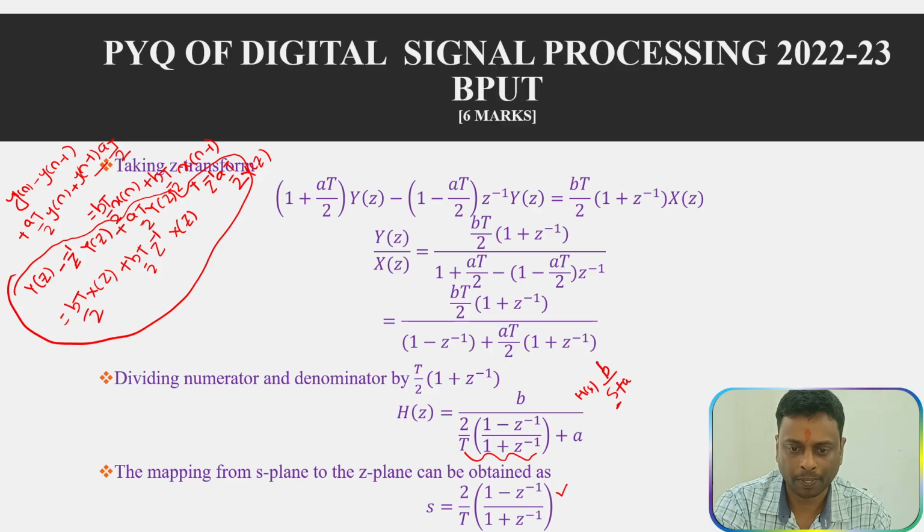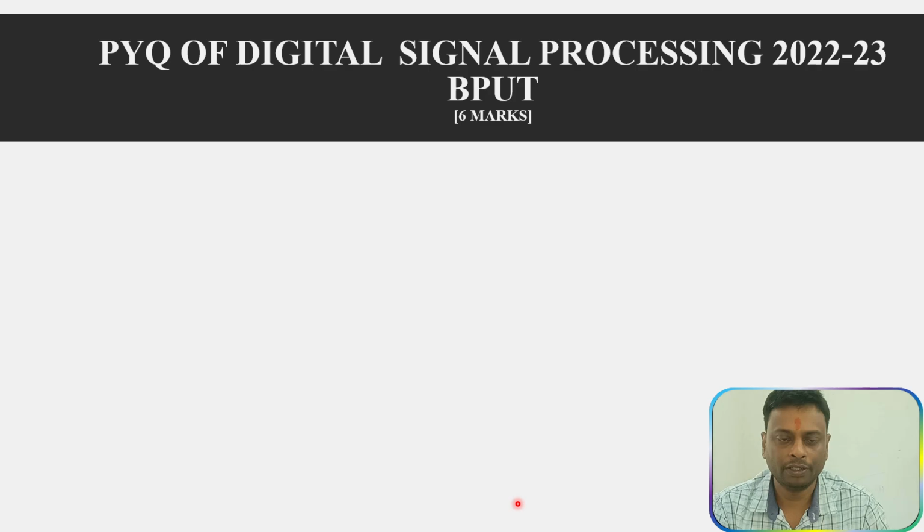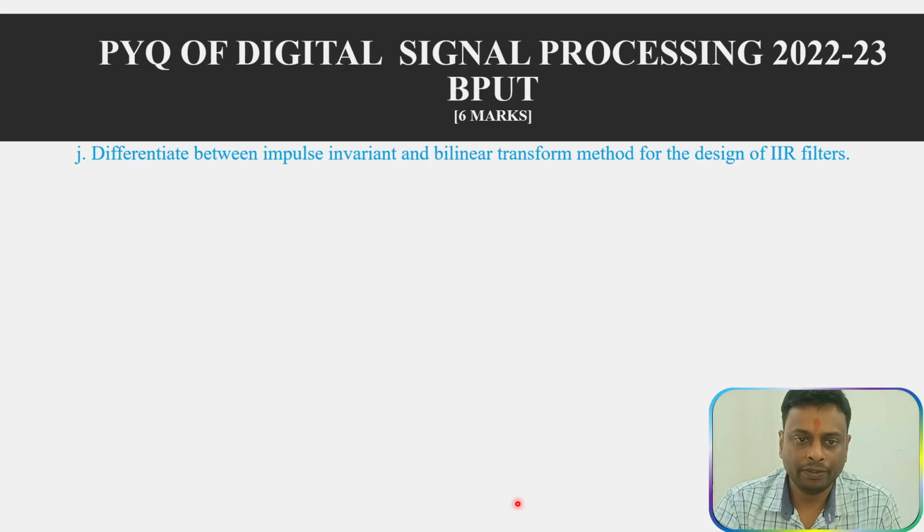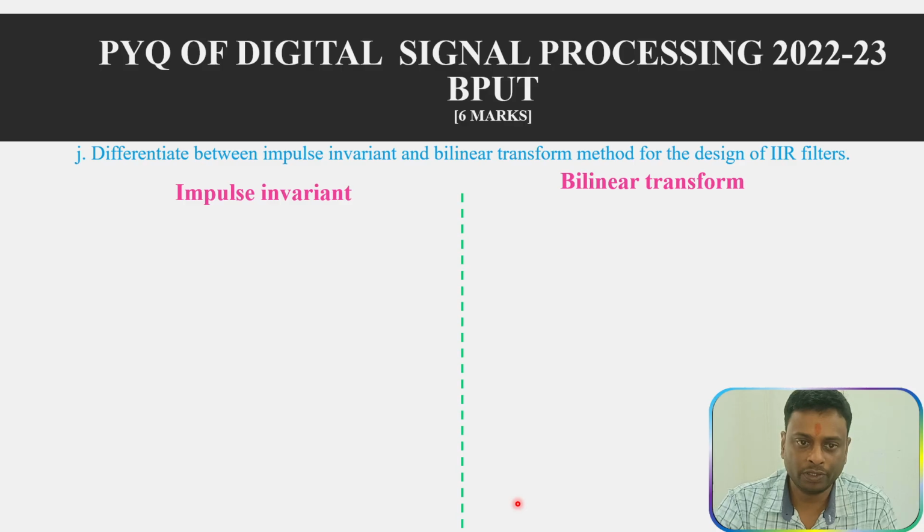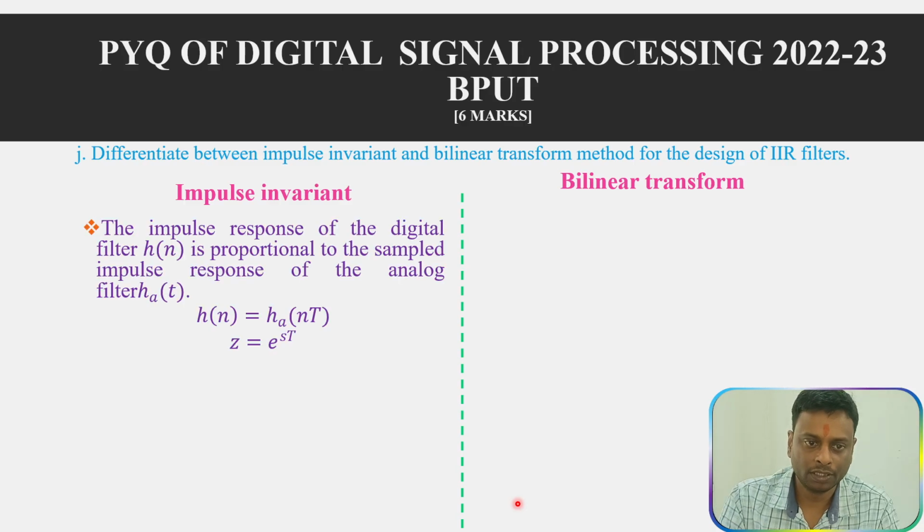Next, differentiate between impulse invariant and bilinear transformation in the design of IIR filters. In impulse invariance, we are mapping from the S domain to the Z domain. Here h of n is proportional to the sampled impulse response, h of a n t.